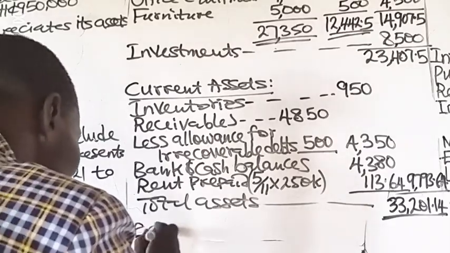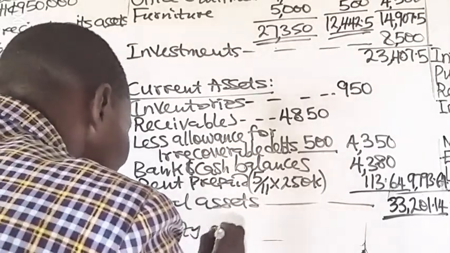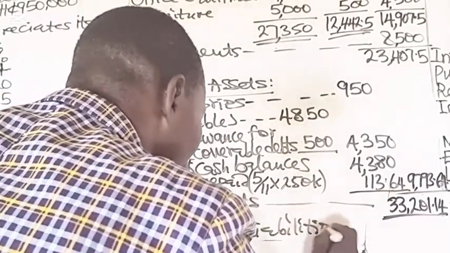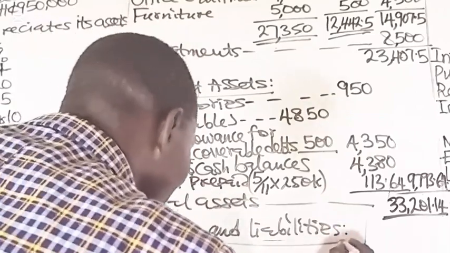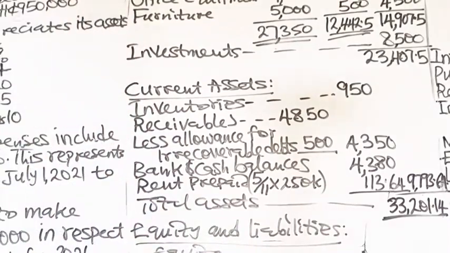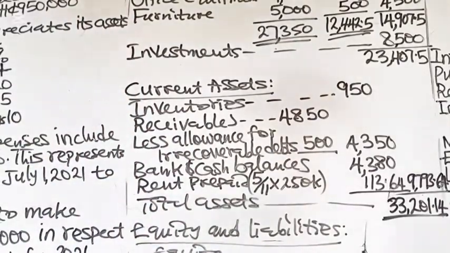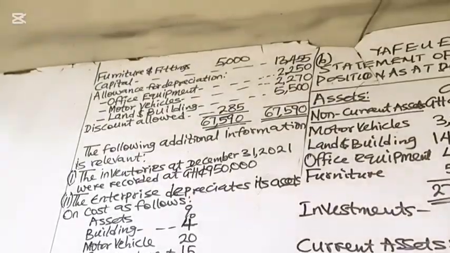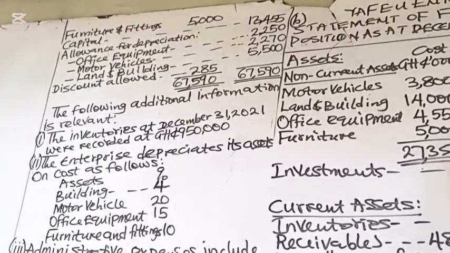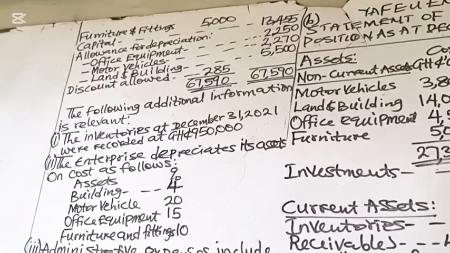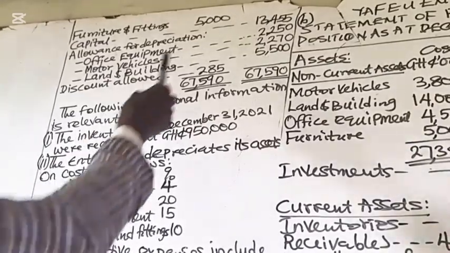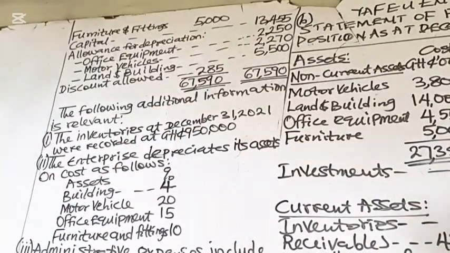So equity and liabilities. The starting point is our equity. Now, back to the trial balance. In our trial balance, we have the capital of 13,455.